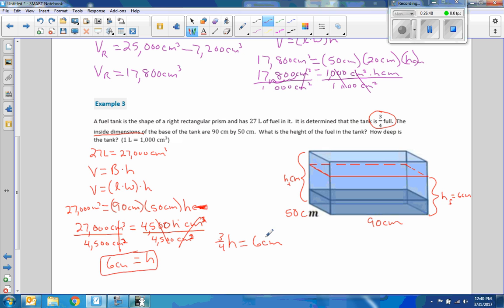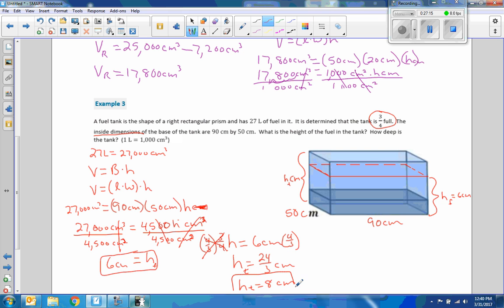And I want to find the new height, so I'm going to multiply both sides by 4/3. And these 4's cancel and these 3's cancel, and I get the height of the tank. So here's what I should have here. This is the height of the fuel. The height of the tank is 24/3, or 8 centimeters.